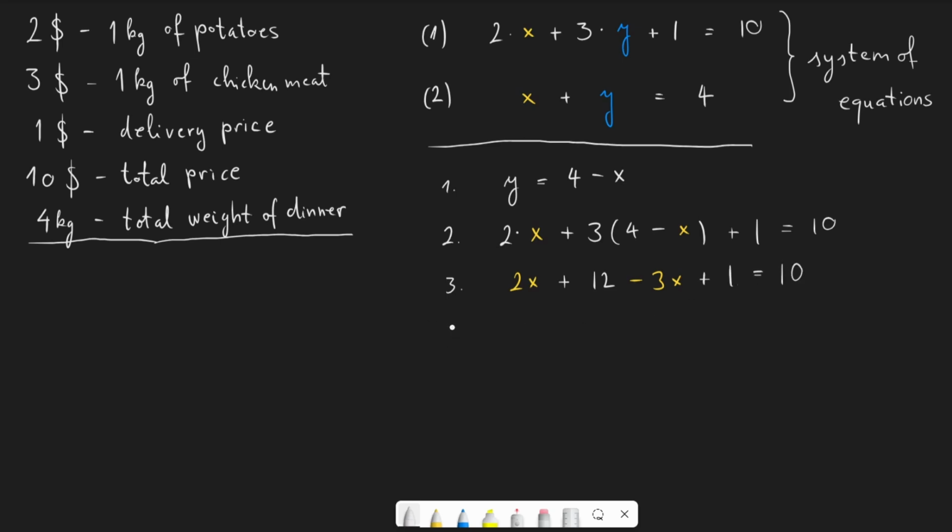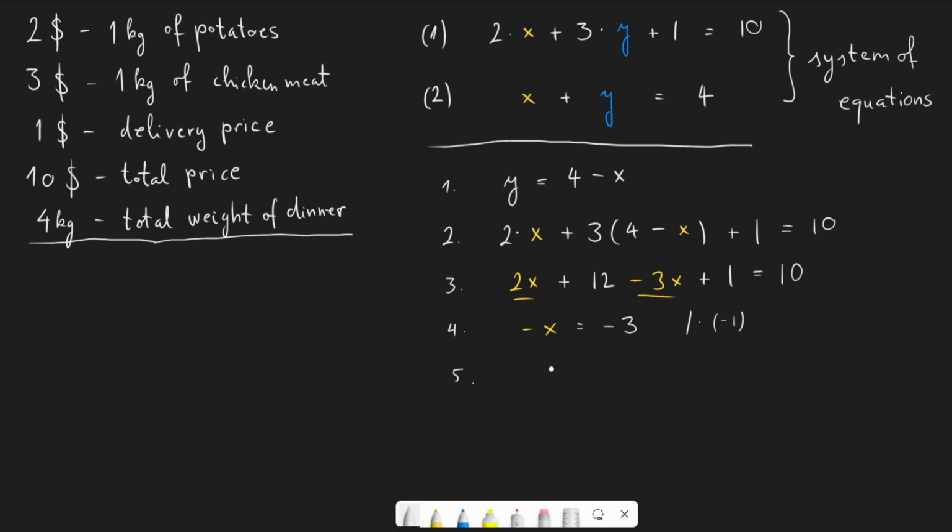And the next step is to collect all the x's to one side. 2 minus 3 is minus x, and put all the other numbers to the right hand side. Here we have 13, but on the right hand side 10, so in total we will have minus 3 on the right hand side, and here we will multiply by minus 1.